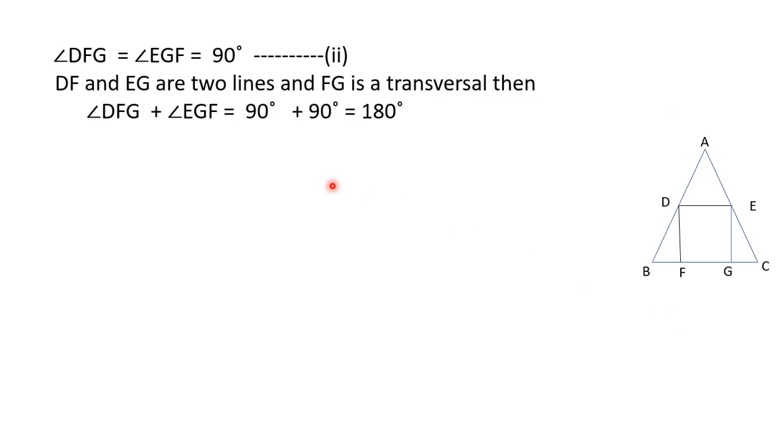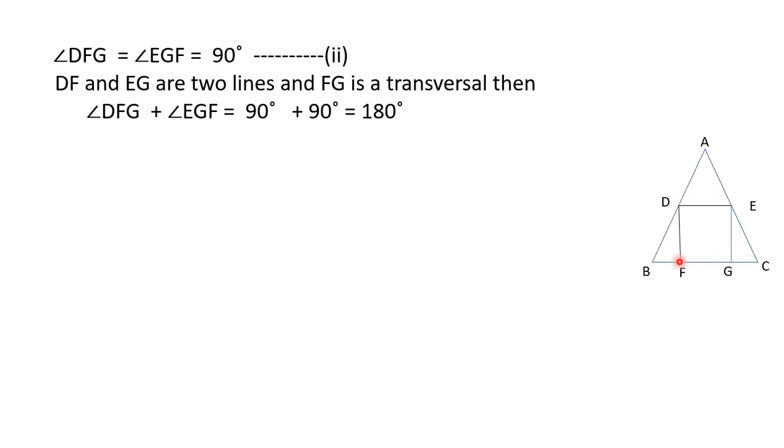Now DF and EG are two lines, and FG is a transversal, and we are getting here angle DFG plus angle EGF is equal to 90 plus 90, which is 180 degrees.